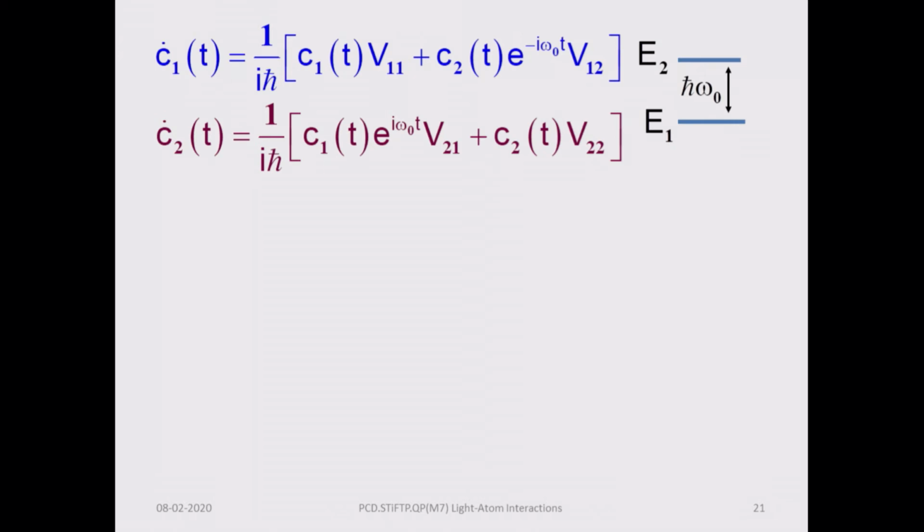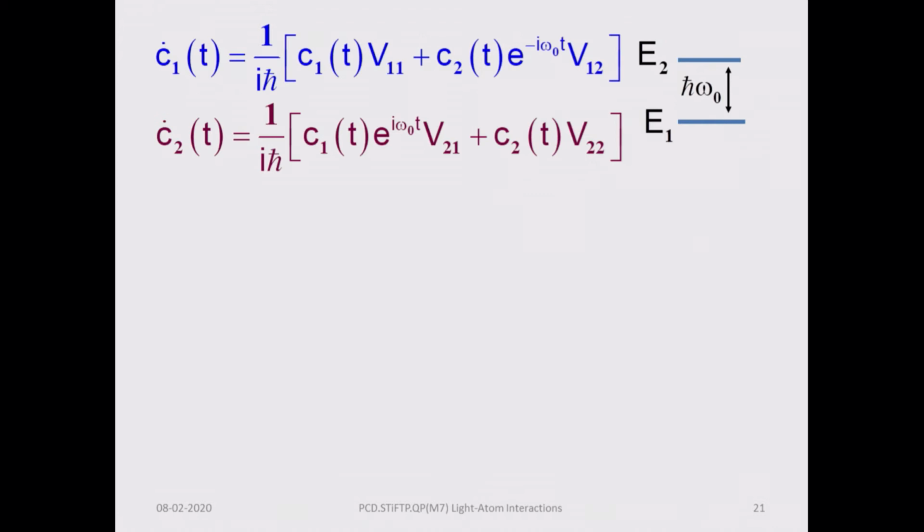Out of these, we will consider the dipole interactions. We have discussed the dipole interaction in our earlier discussions. Basically, you can have a dipole transition only between states of different parity, because the dipole operator itself will change its sign under inversion.